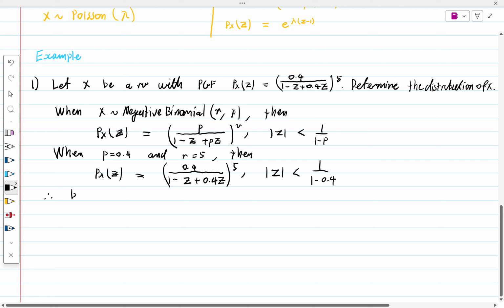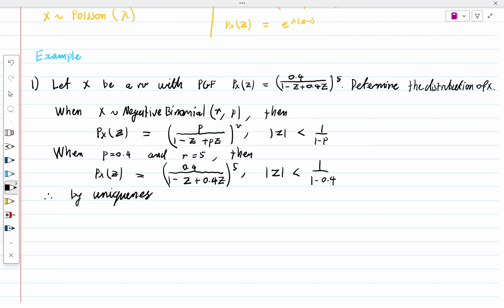Therefore, by the uniqueness of PGFs, you'll notice X is a negative binomial with parameters 5 and 0.4.